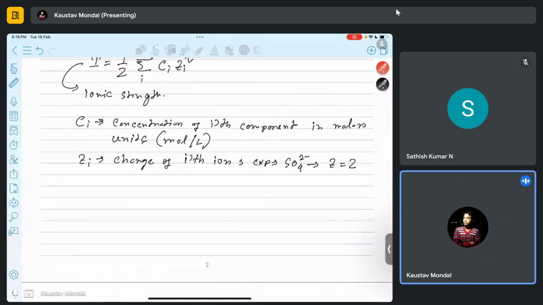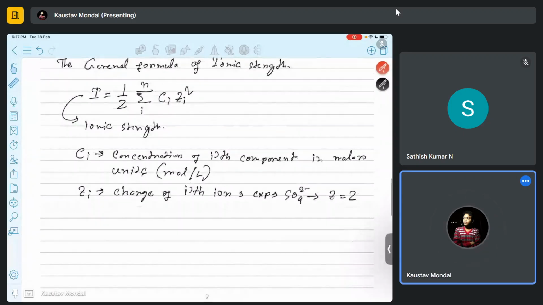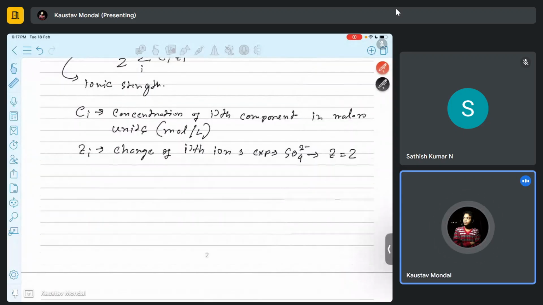Okay. So let me give you a small example of how you can calculate this ionic strength.